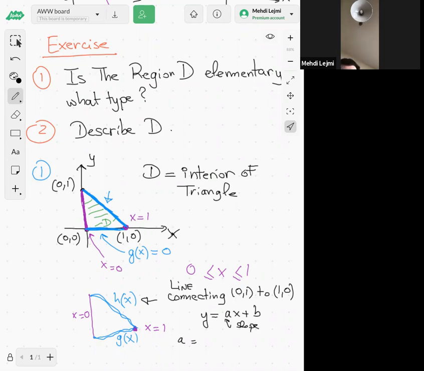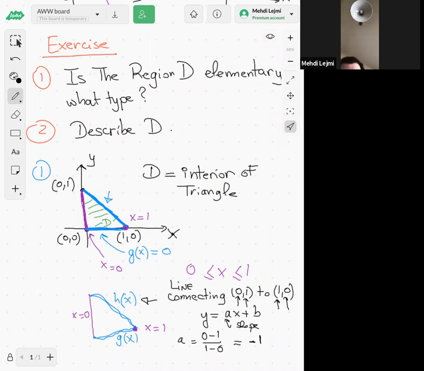You can just subtract the y coordinates. You are going from 0, 1 to 1, 0. So it's 0 minus 1 over 1 minus 0, right? So the slope is just -1.